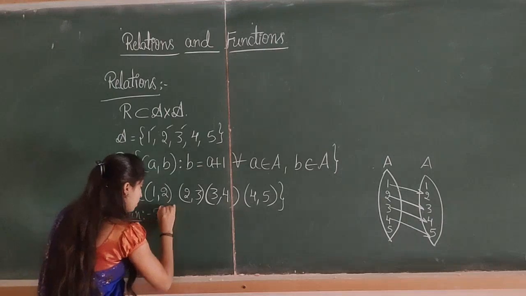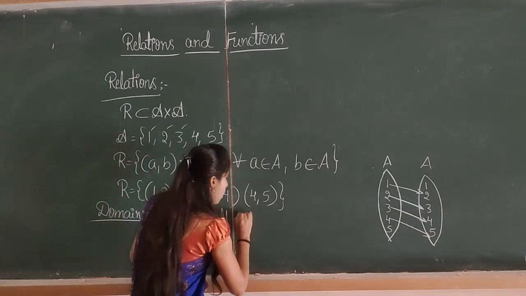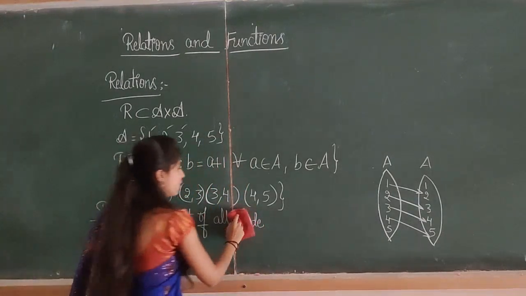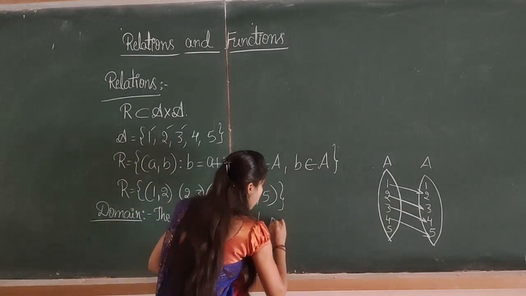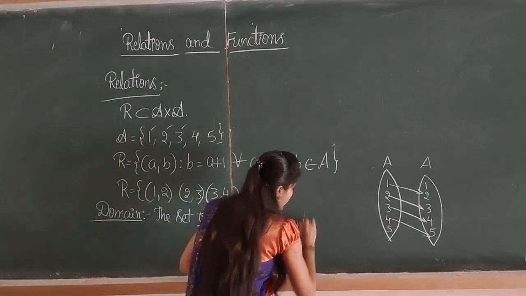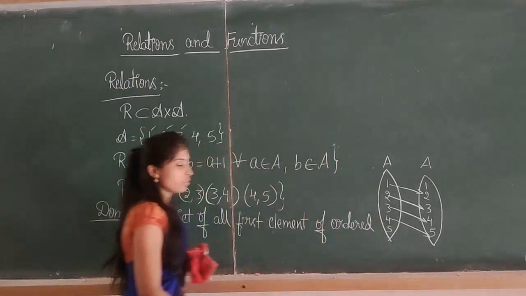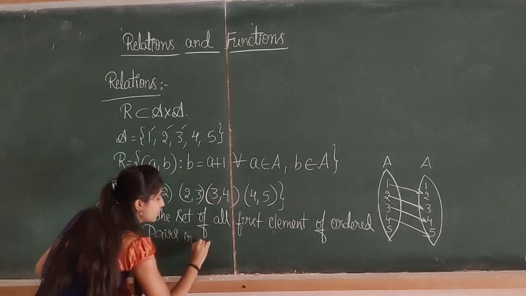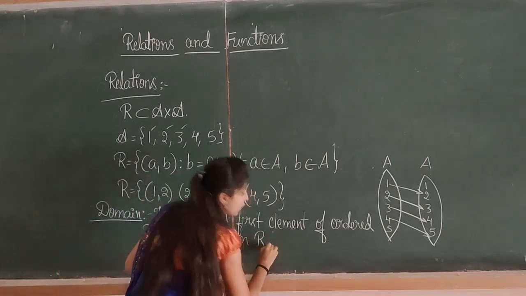Domain means the set of all first elements of the ordered pairs in relation R. In relation R, we call it the domain.